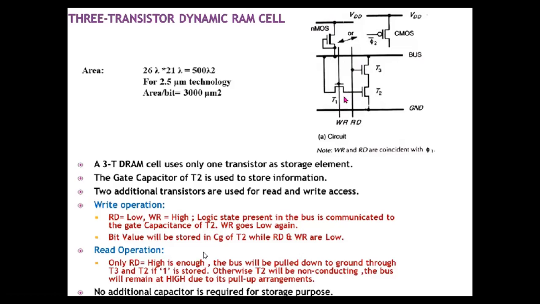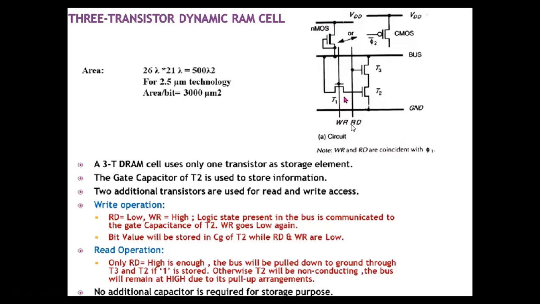Okay, so the same information is given here. For the read operation, only the read signal should be turned high, and that is enough to turn on this T3 transistor. So the bus will be pulled down to the ground through the T3 and T2 transistors. Suppose the read signal is activated, that means T3 will be on.